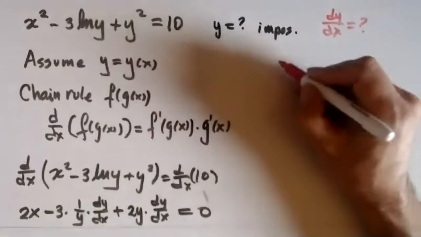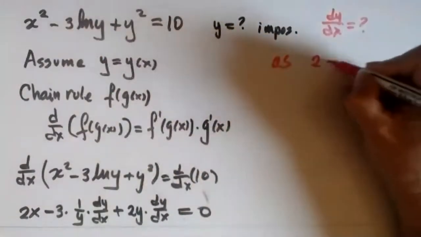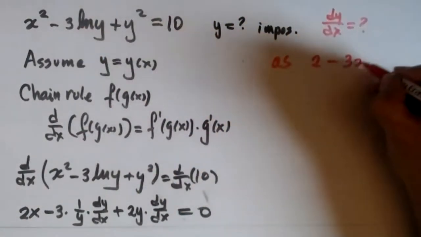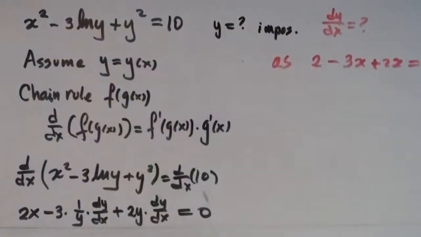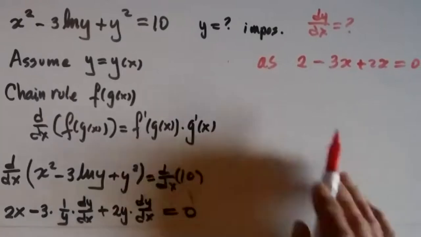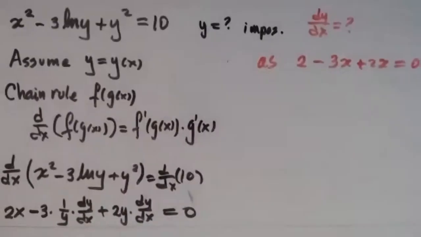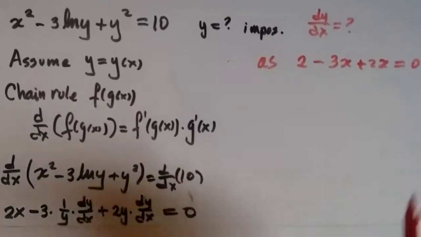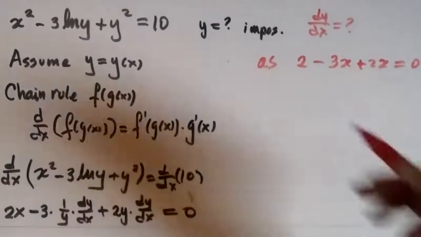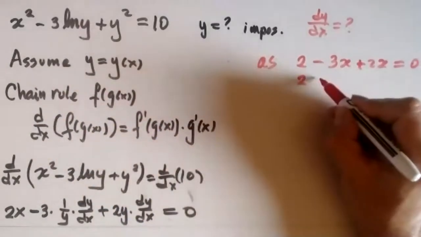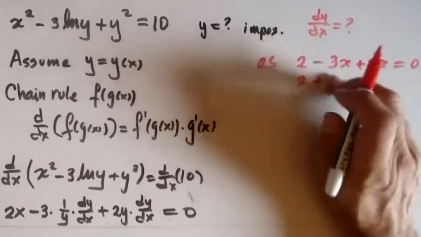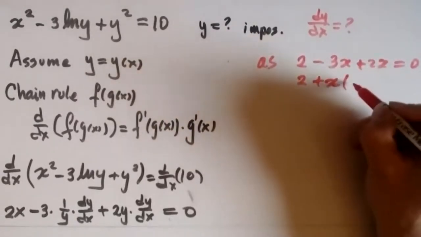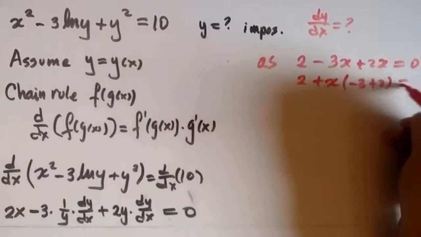In the same way as you solve, for instance, 2 minus 3x plus 2x equals 0. Let me put this one. Everybody remembers how to solve this equation? Yeah, everybody knows. So you combine these two. So you have 2, then you factor x, parentheses, negative 3 plus 2, equals 0.